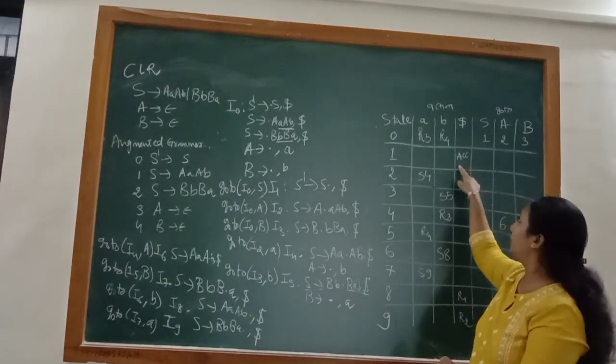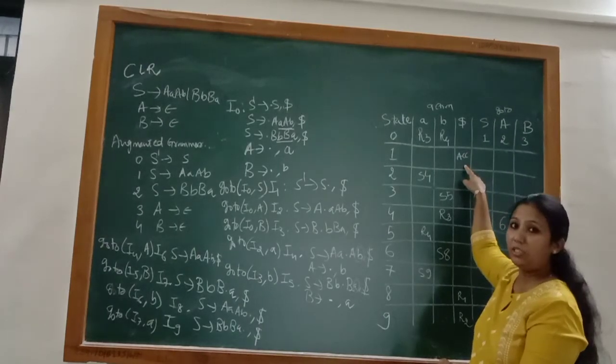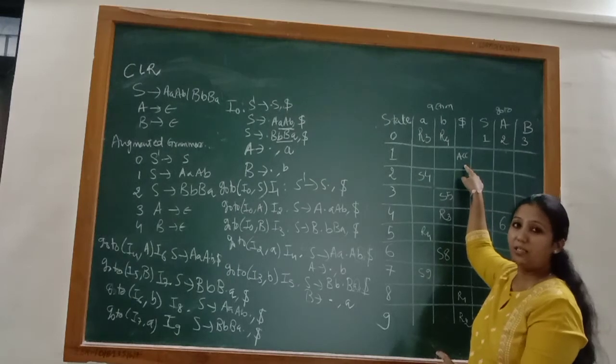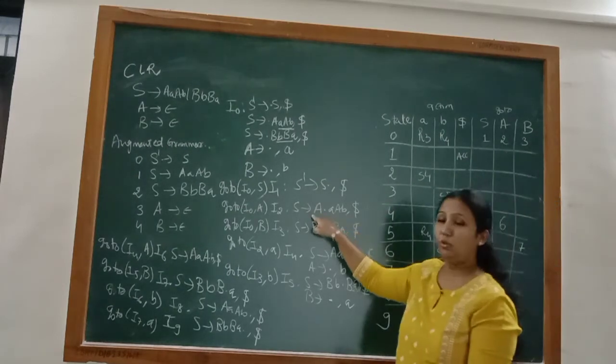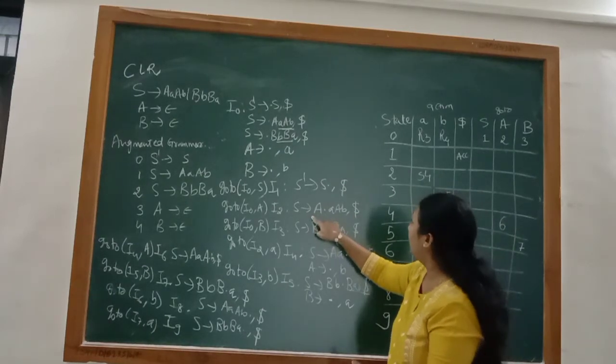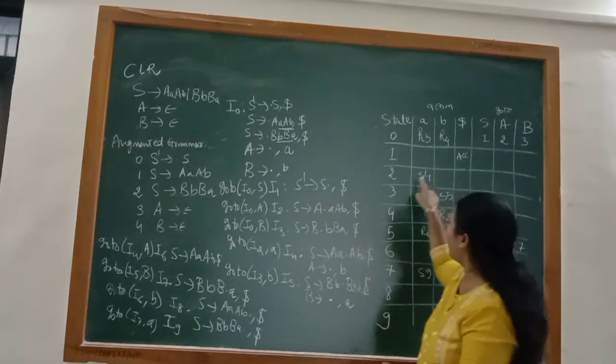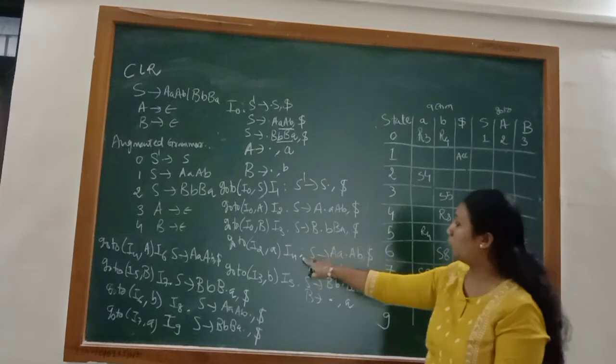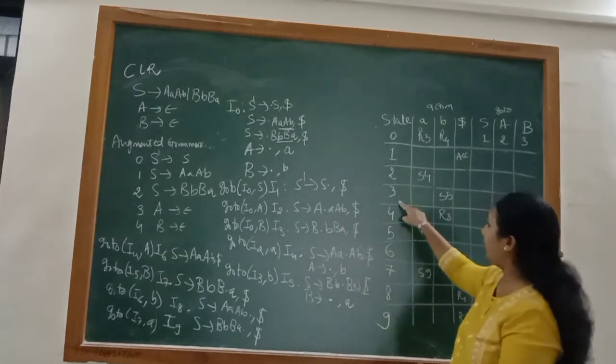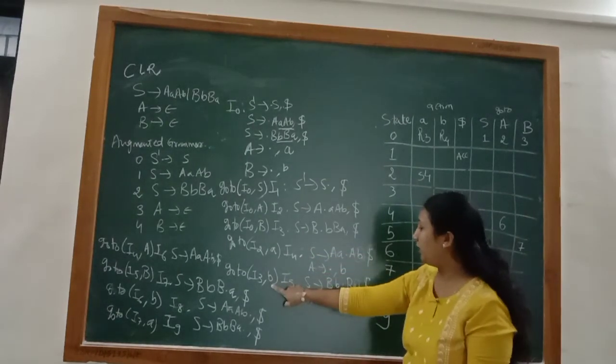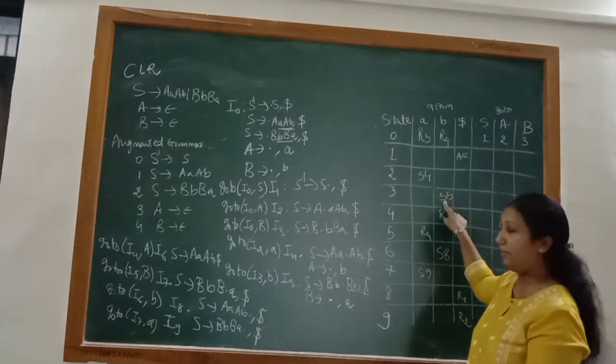The accept entry is made in dollar because S dash to S dot, the starting symbol, is reduced in state 1. Now in I2 when we get small a we move to I4. Then in I3 when we get small b we move to I5, so S5.